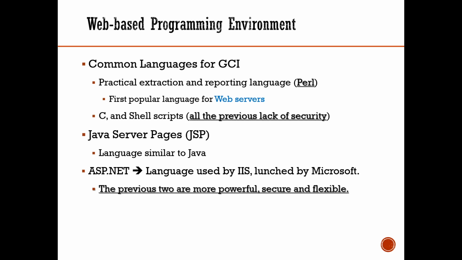All right, so common languages for CGI, there are two or three to mention. For example, Perl is actually the first popular language that was used for servers. And we have C also, and we have shell script. They are both very popular to work with Linux.